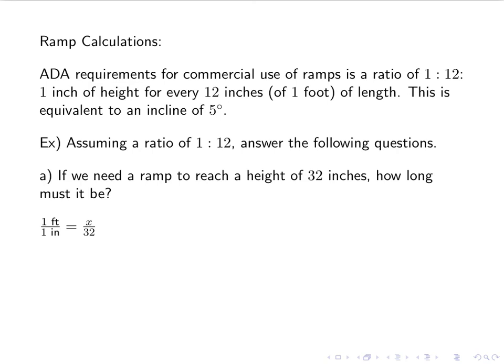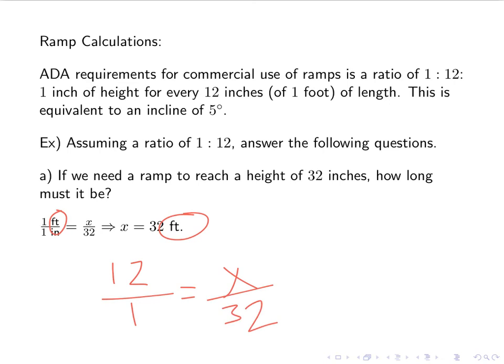So x is my length and the 32 inches is my height. If I solve it for x, hopefully we can all see it's going to be 32, and my units are feet, so it's going to be 32 feet. If I wanted to find it in inches, then I would use the 12 inches to 1 inch, and I would solve that one, and that would give me the length in inches. Okay, so it's really important that you use units here.